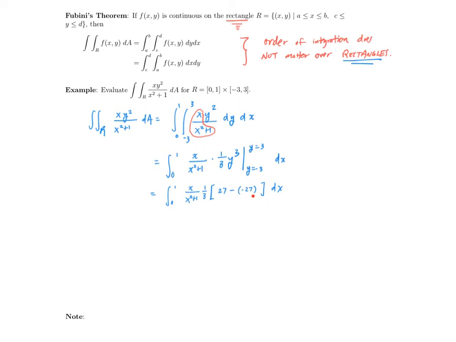So 27 plus 27 is 54. And 54/3 is actually a constant. And we can go ahead and simply pull that constant in front of the definite integral, which gives 54/3 times the definite integral from 0 to 1 of x over x squared plus 1.